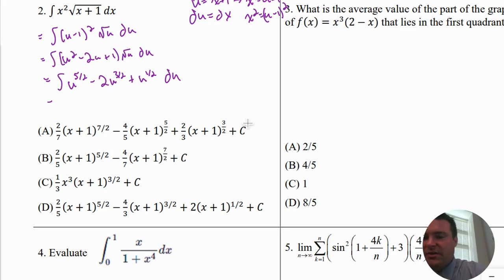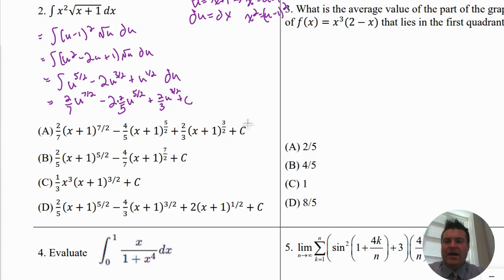Now I'm ready to integrate, so I get u to the 7 halves multiplied by the reciprocal, 2 sevenths, minus 2 times u to the 5 halves multiplied by its reciprocal, plus u to the 3 halves multiplied by its reciprocal, plus c.